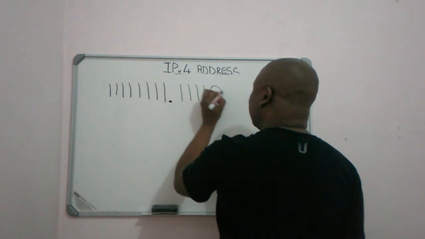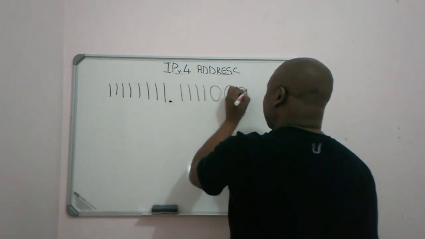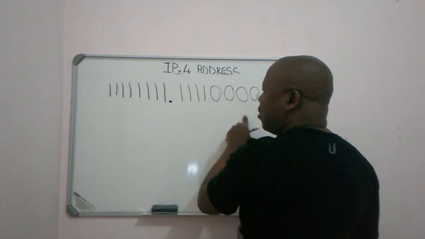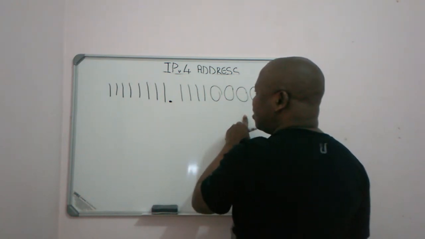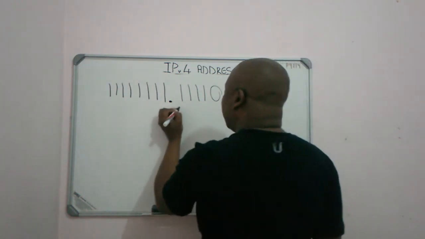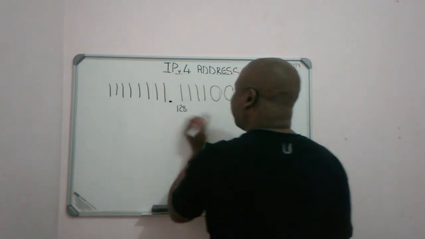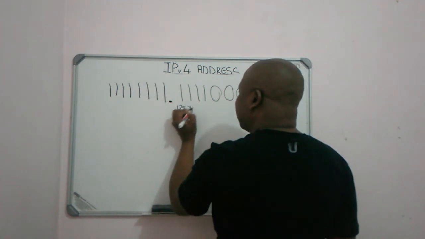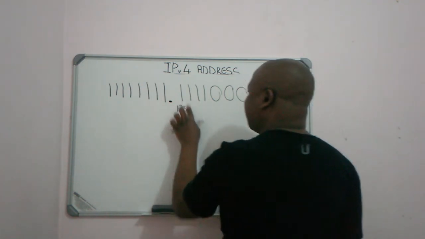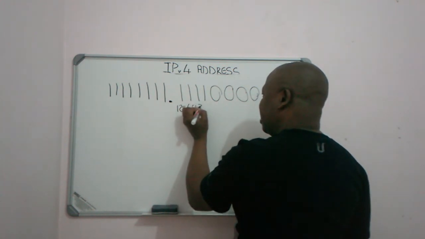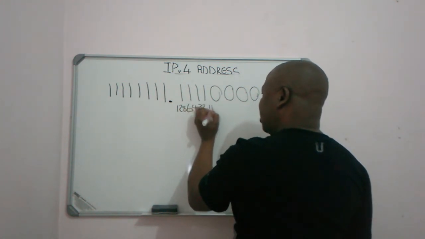And then we have zeros. That's our second octet. So in our second octet, we have 128, 64, 32, and we have 16.